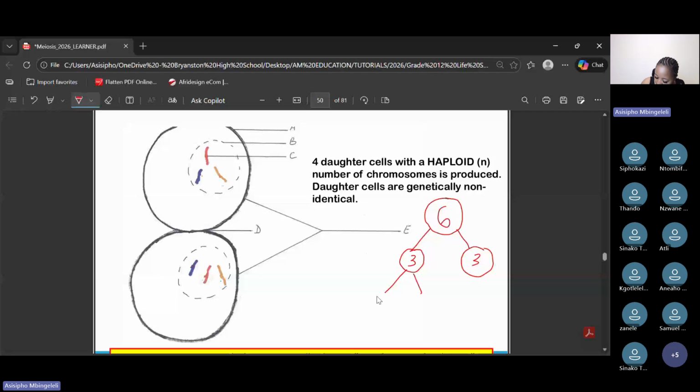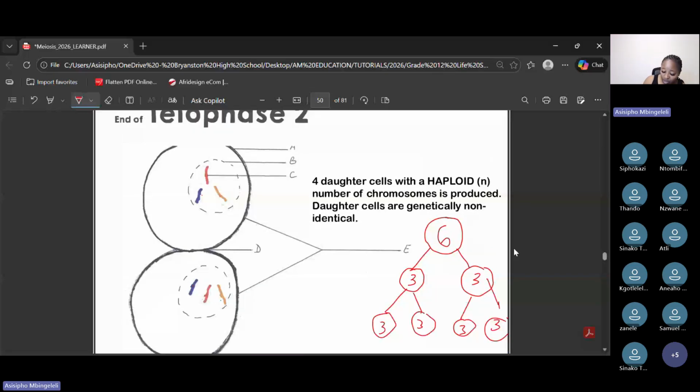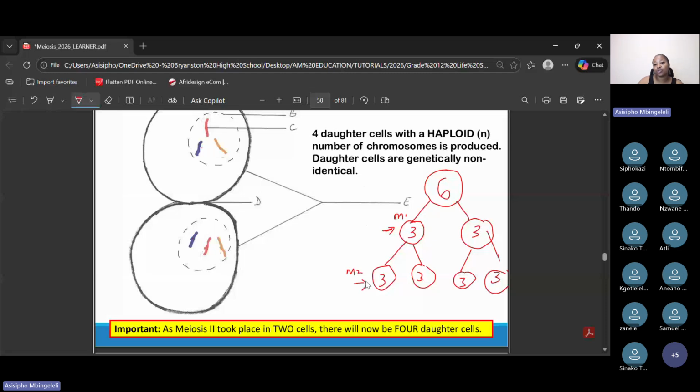The difference is that at the end of meiosis 1, the chromosomes are still replicated, but at the end of meiosis 2, the chromosomes are unreplicated. So I don't want us to be confused by the numbers here.